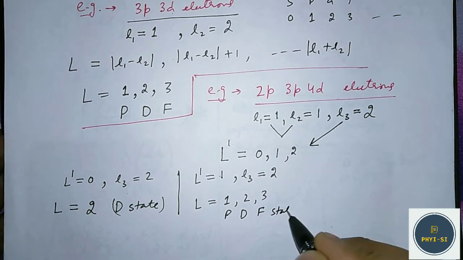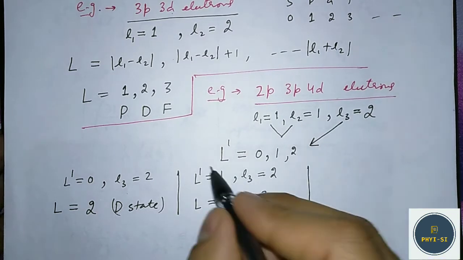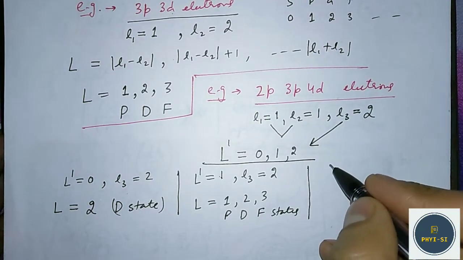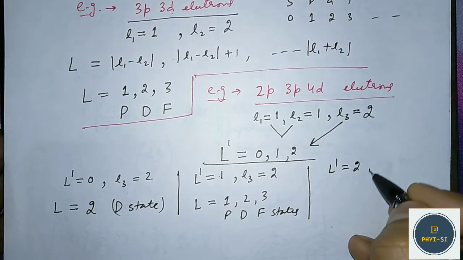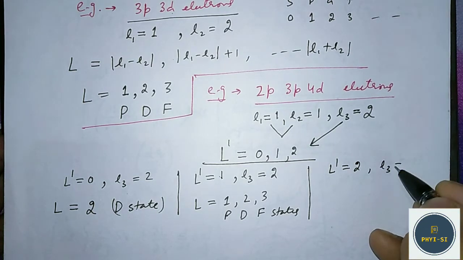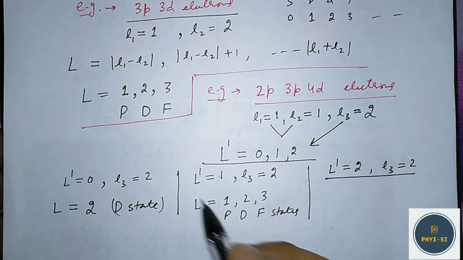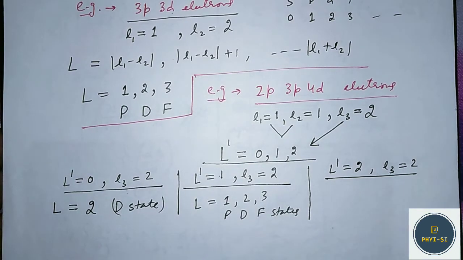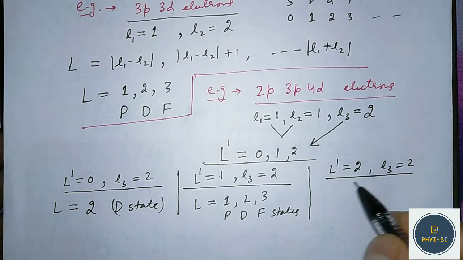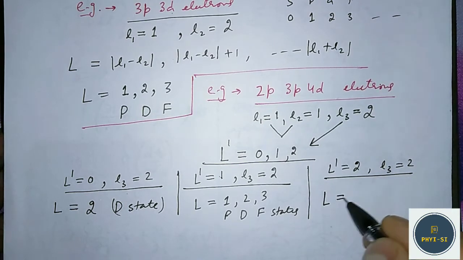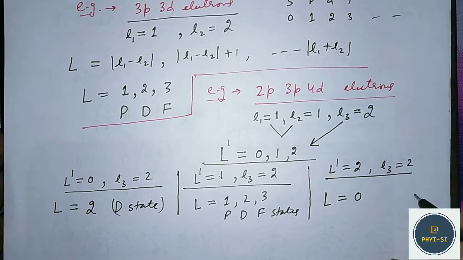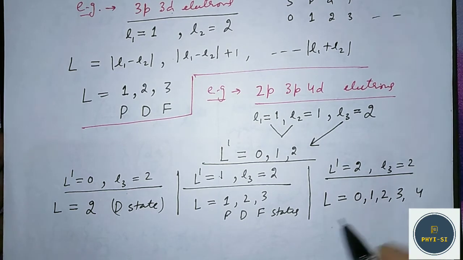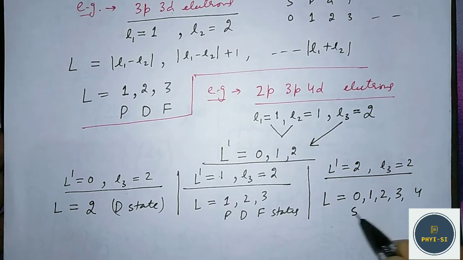Now take L dash equal to 2 and L3 equal to 2. So we will have 2 minus 2, that is 0, to 2 plus 2, that is 4, and in steps of 1 we will have 0, 1, 2, 3, and 4. Okay, 5 states. So we'll have the states S, P, D, F, and G.